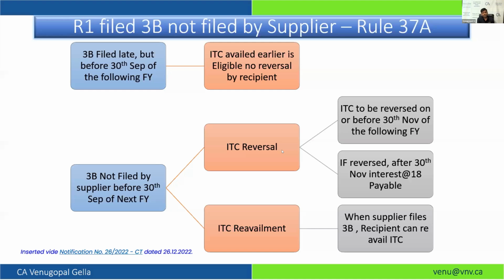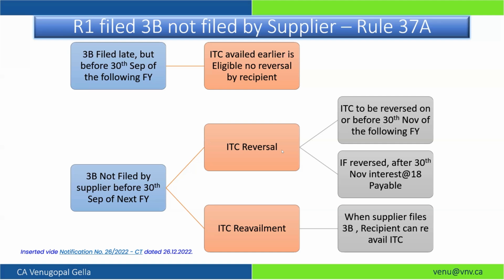Now, the new rule has inserted an onus that every registered person, while reporting input tax credit, has to check whether the suppliers have filed their GSTR 3B or not. It would be a very difficult task to check every time, so they have given a relaxation and said, check it at least once a year, by 30th September of the next year.